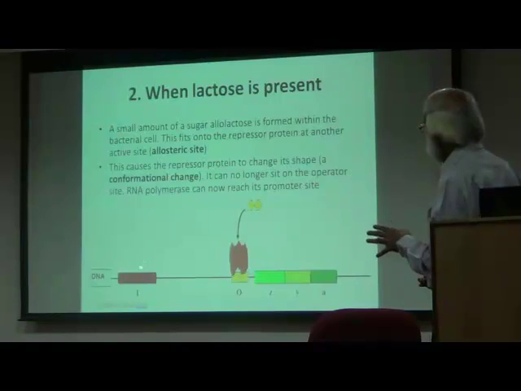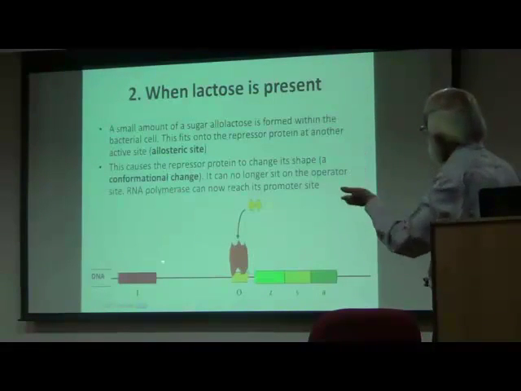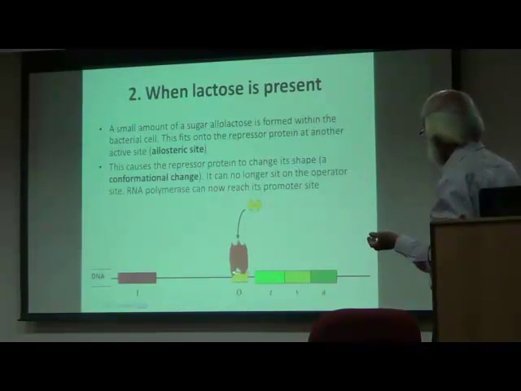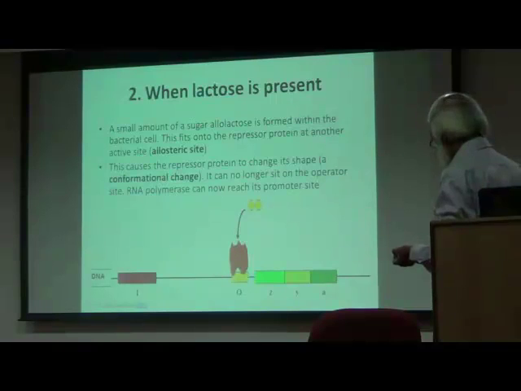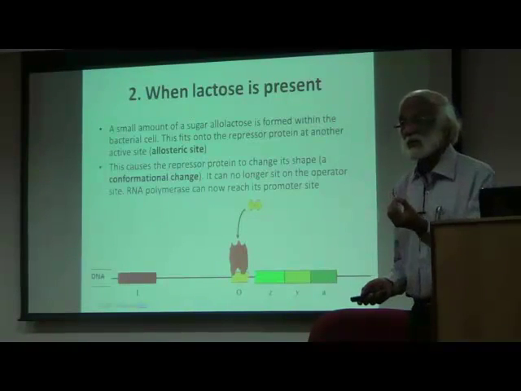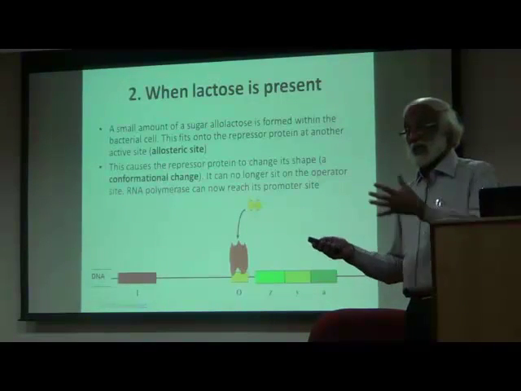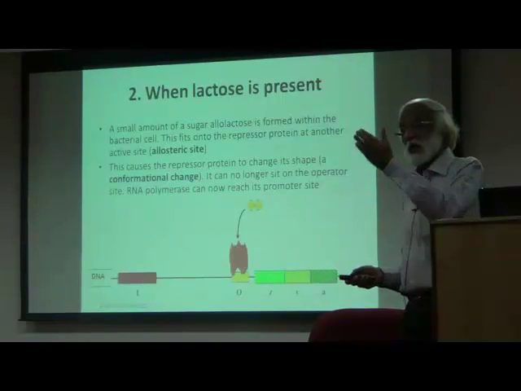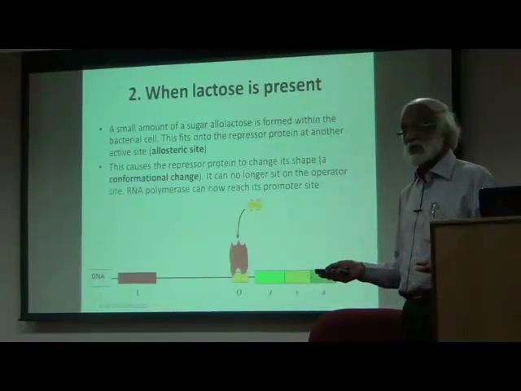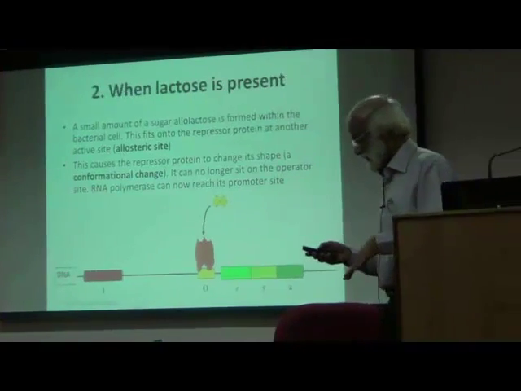The repressor cannot act, or it is annihilated, because you have added the sugar lactose, and therefore the switch is now in the on position, and all these genes are made. If you have a tag here, what we call a fluorescent protein, now the cells will fluoresce. If the cells fluoresce, you know the switch is on. If the cells do not fluoresce, you know the switch is off.